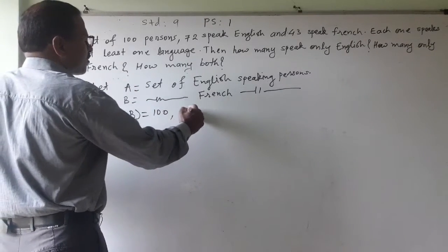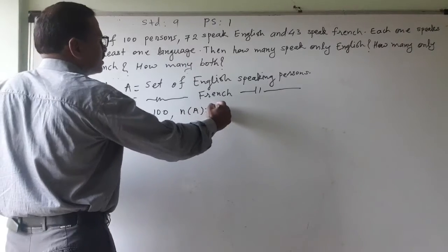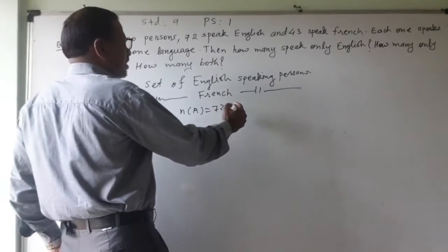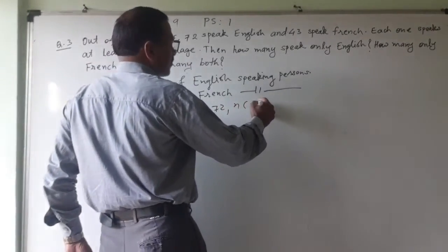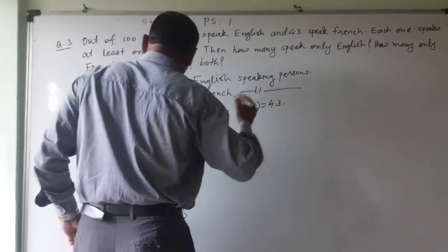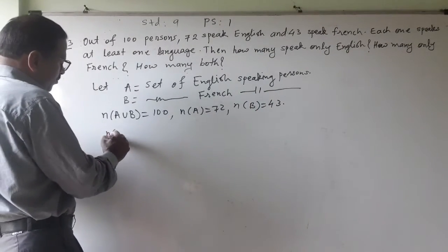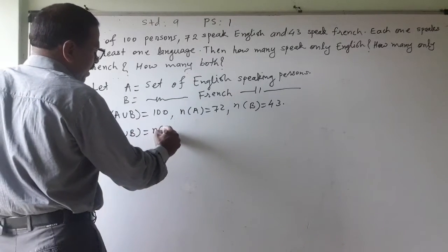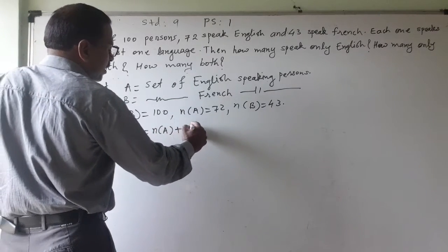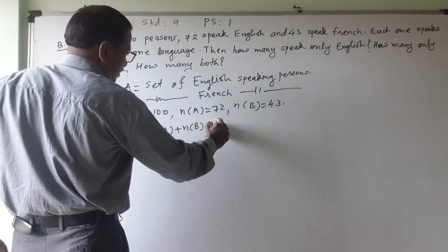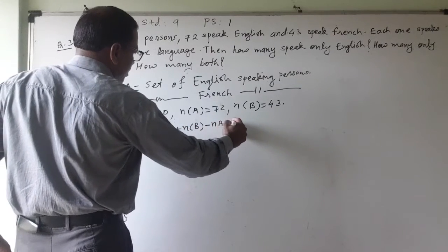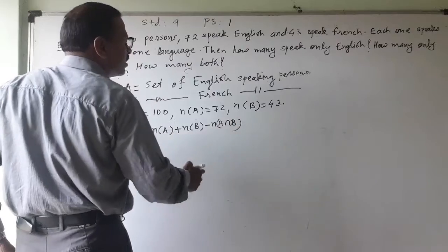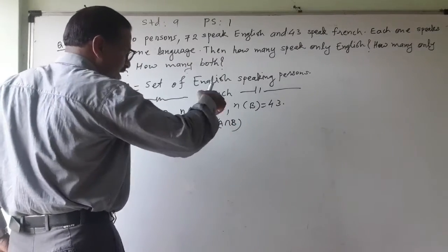n of A equal to 72, n of B equal to 43. We know n of A union B is equal to n of A plus n of B minus n of A intersection B. Intersection means common. They are speaking French also and English also.